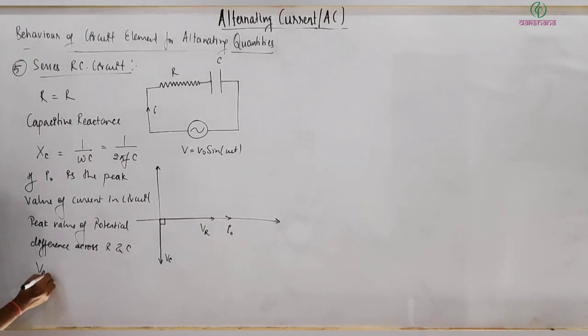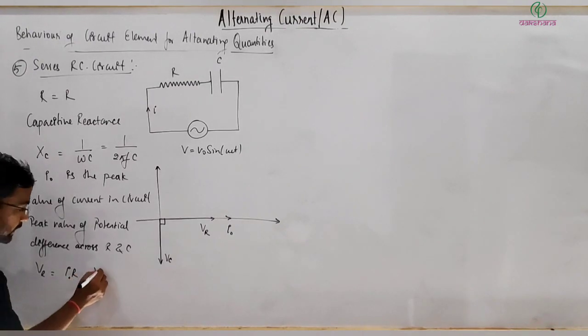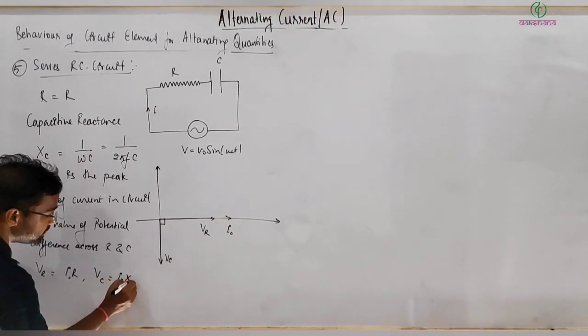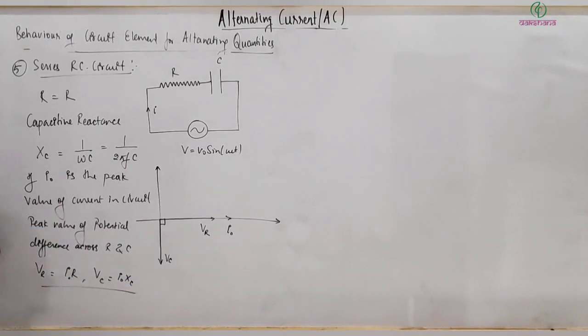So VR is equal to I naught times R, and similarly VC is equal to I naught times XC. Clear? So that is what we can write.